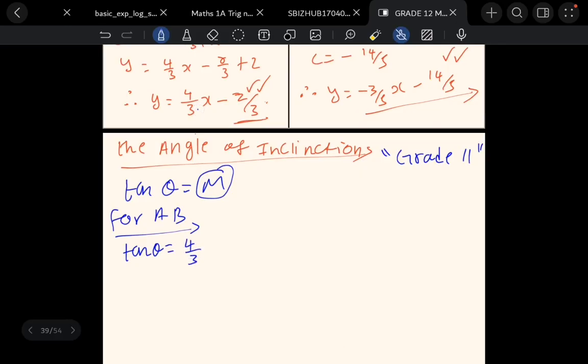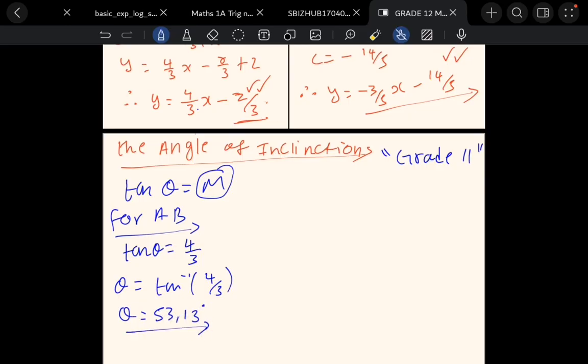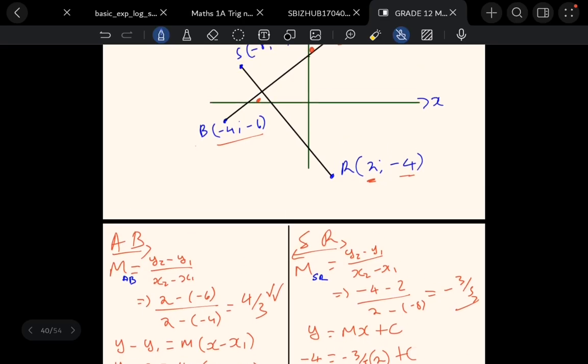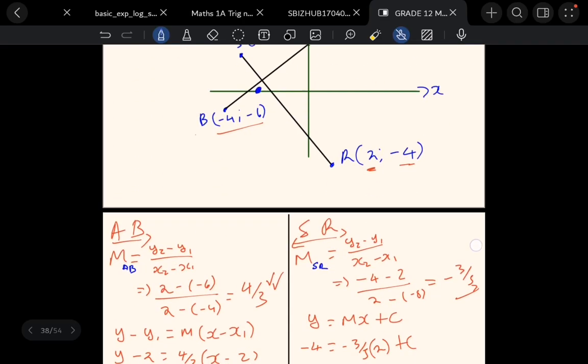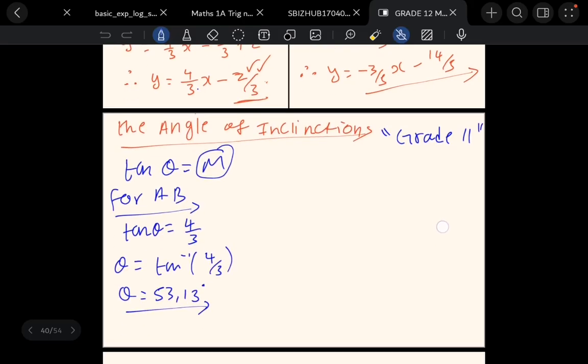Then to find theta, theta is equal to the arctangent of 4 over 3, which is going to be 53.13. That is the angle of inclination for AB, which means the angle is 53.13 degrees.